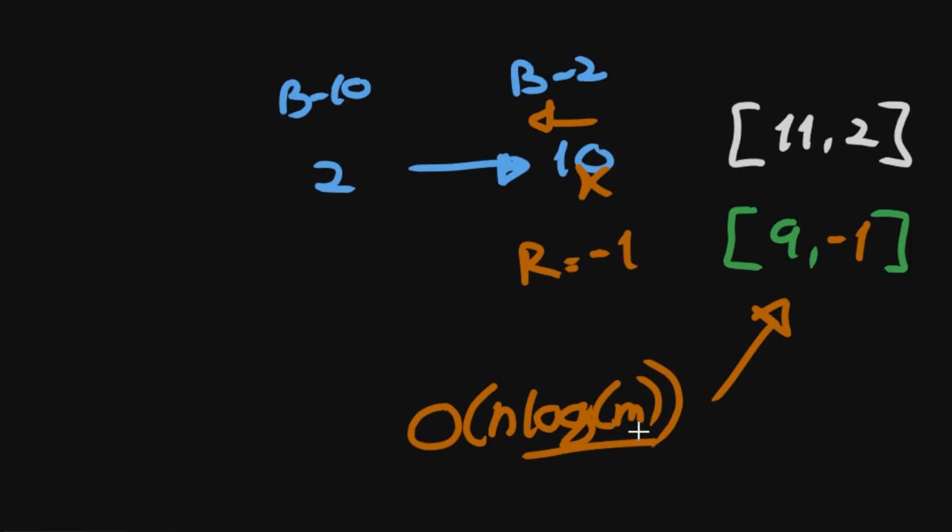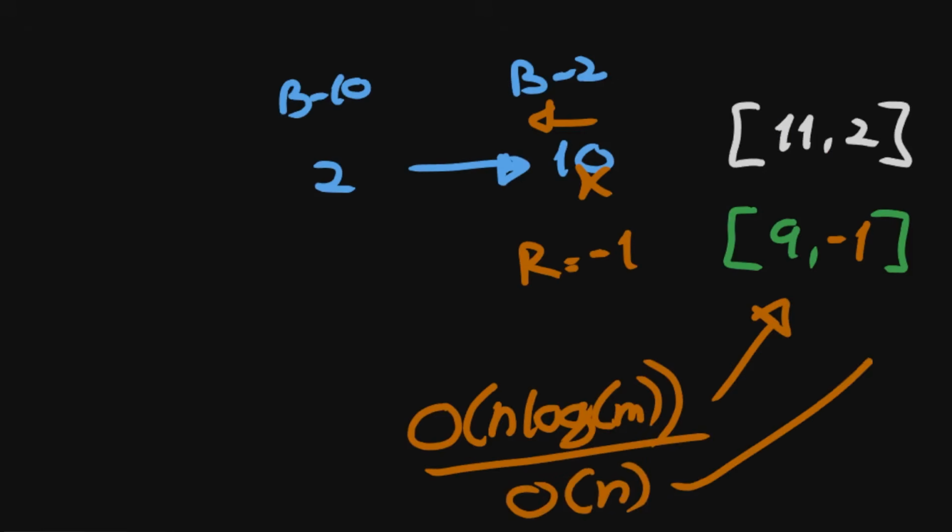So that's why we use log of the maximum number in the array. And space complexity will be big O of n if we are using a new array to store the result, or big O of 1 if we are using the original array for the result.